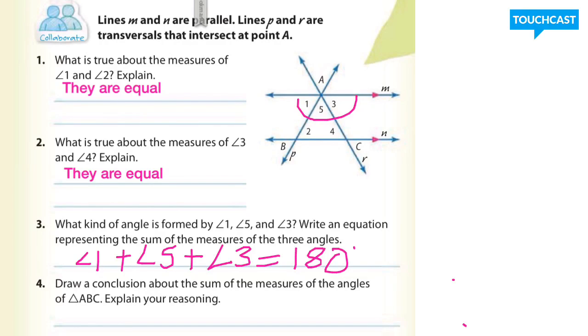Now it says draw a conclusion about the sum of the measures of the angles of triangle A, B, and C, and then explain your reasoning. So because we've said angle 1 and 2 are equal, because of alternate interior angles, and we've also said that angles 3 and 4 are equal, because of alternate interior angles, we can also say, because of our vertical angles, the angle C is equal to everything circled in blue, which would be 3 and 4.